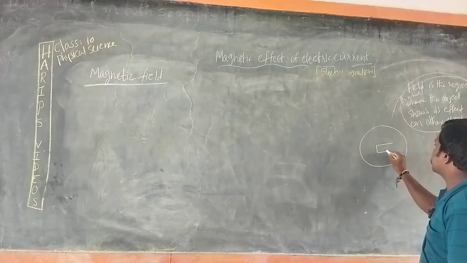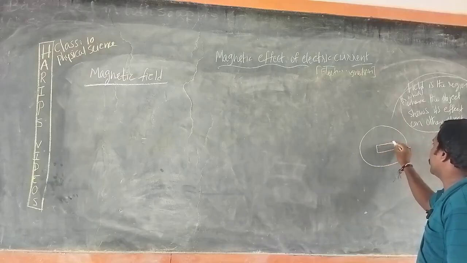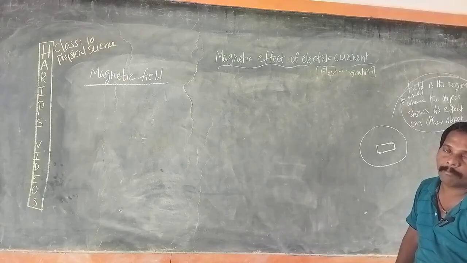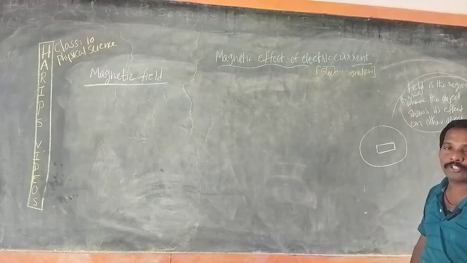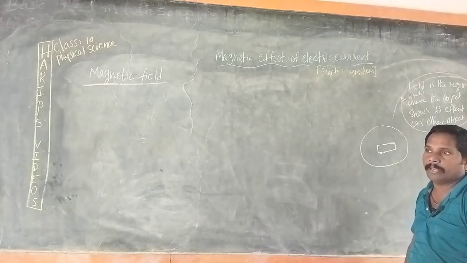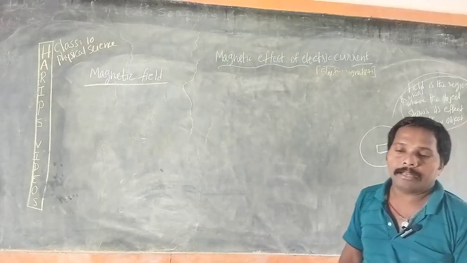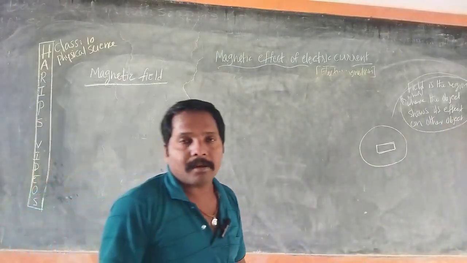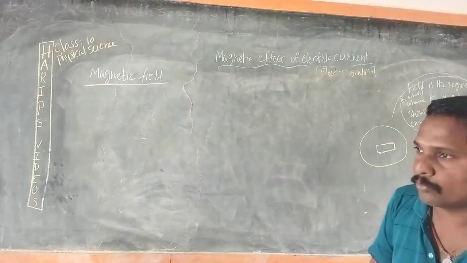Here we place a magnet, a bar magnet. We know bar magnets, different kinds of magnets are there. Horseshoe magnet, the U-shaped magnets, bar magnets, then different types of magnets we know.